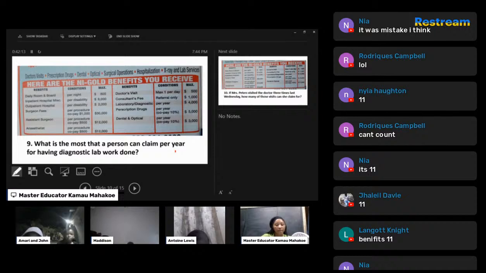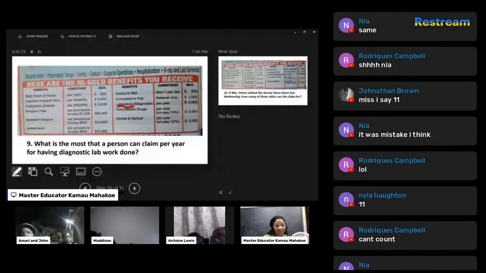Diagnostic lab. Miss, $4,000. Okay, so it says for laboratory or diagnostic for the year, the maximum you can claim is $4,000. So that's correct. $4,000 is the most you can claim.